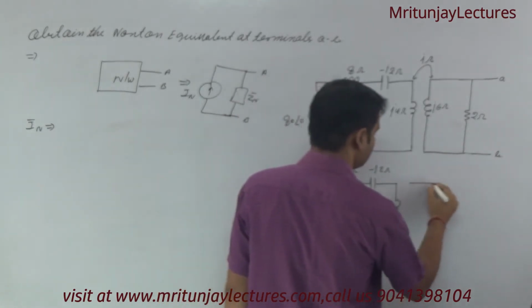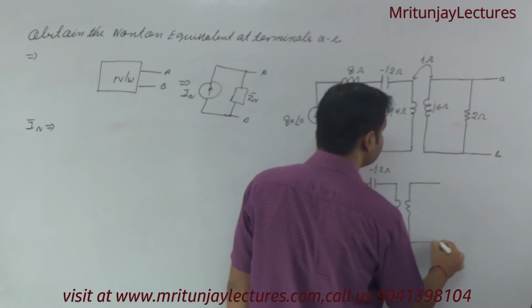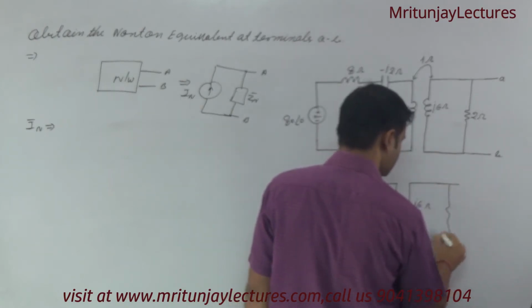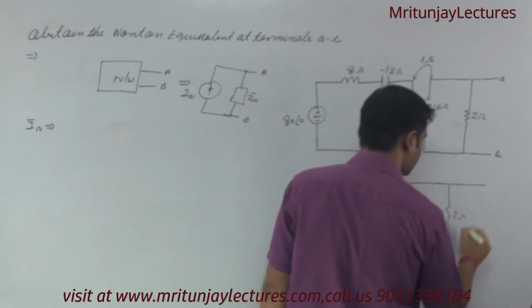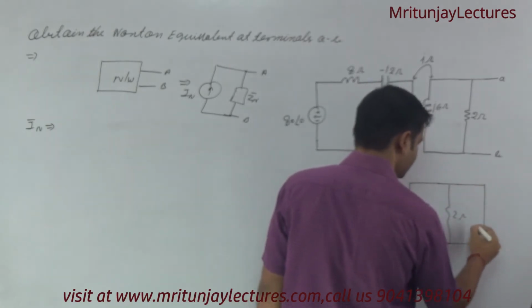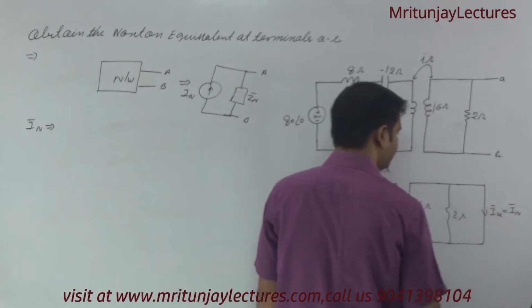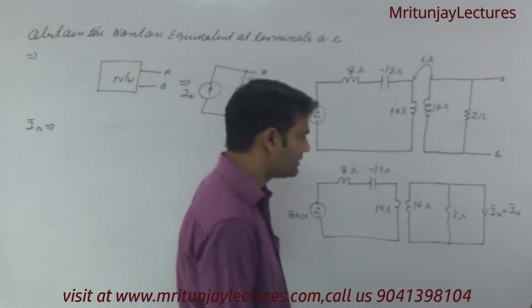Now this one is J6 ohm, and that is 2 ohm. This one is a short circuit, ISC. This is equal to IN. Clear? So how can we determine IN?